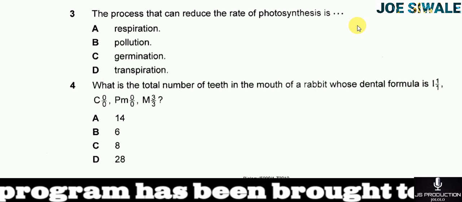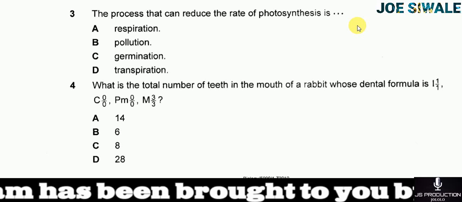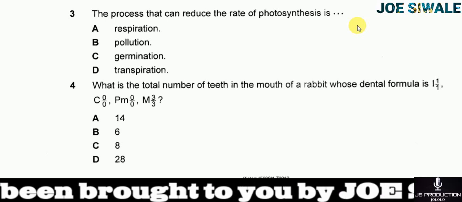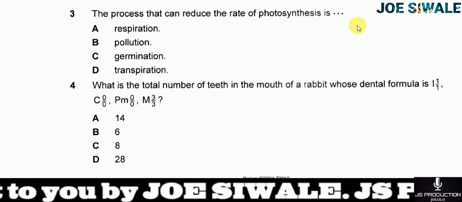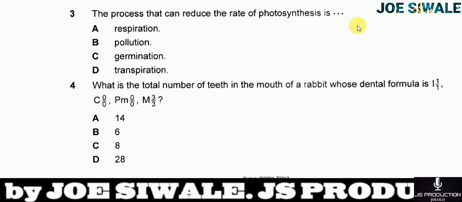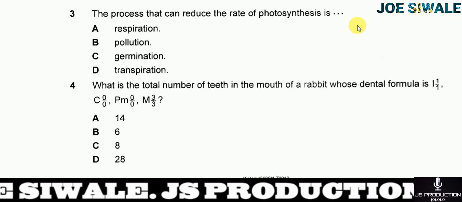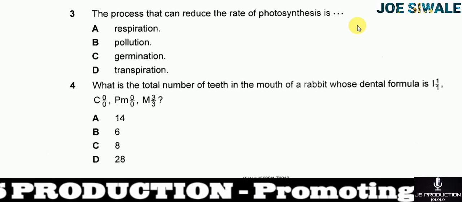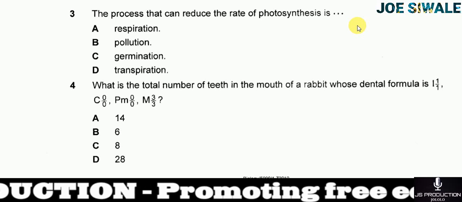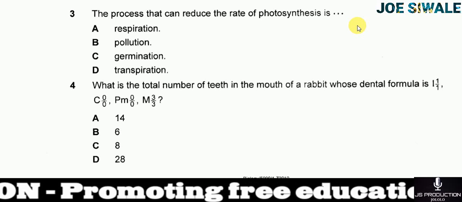So for me to find the total number of teeth in the rabbit, I need to add all the numbers in the upper jaw and multiply them by 2. I also need to add the numbers on the lower jaw, and I multiply the number by 2.